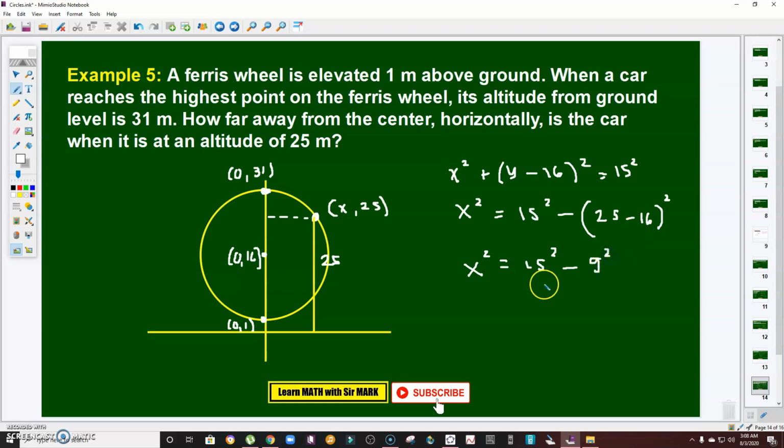Right? That will be 9 squared. So therefore, that's actually a Pythagorean triple if you're familiar, 9, 12, 15. So this one will become 12 squared. Or if you want 15 squared, that will be 225 minus 81, that will give you 144. Or, like I said, that's 12 squared. So clearly, the value of our x here is plus or minus 12.